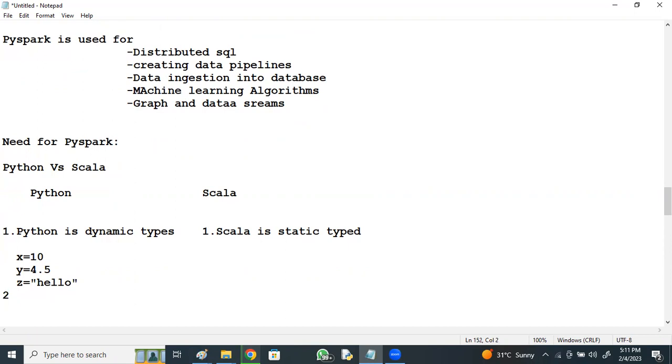Secondly, Python has a huge community, right? Scala has a smaller community, right?